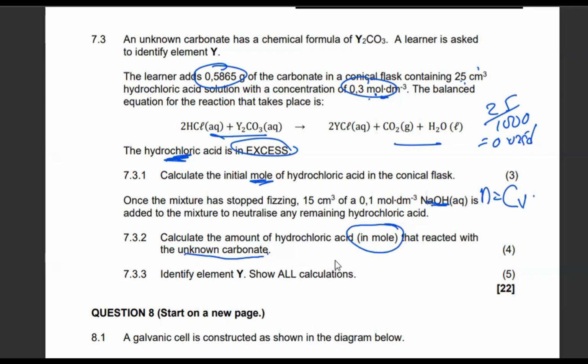For that reason, I'll need to know the number of moles, n of sodium hydroxide, so that I'm able to use that with the mole ratio, sodium hydroxide to hydrochloric acid, and then I'll be able to know, because sodium hydroxide is known.